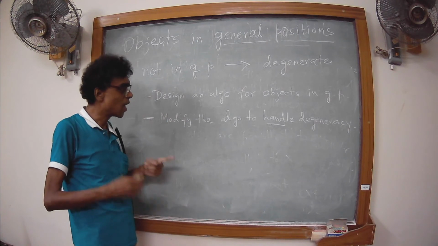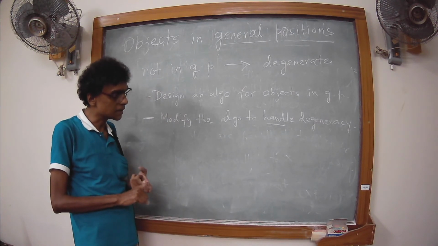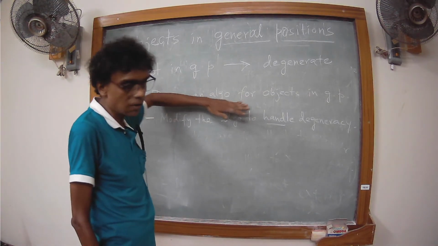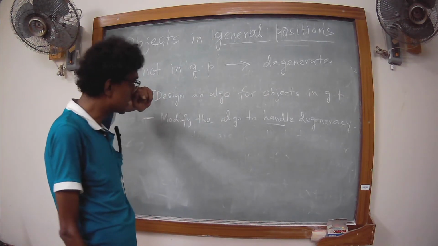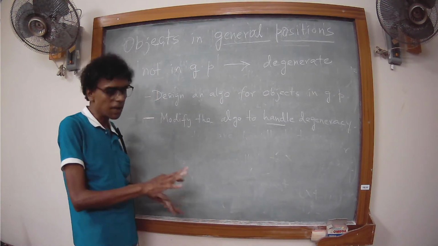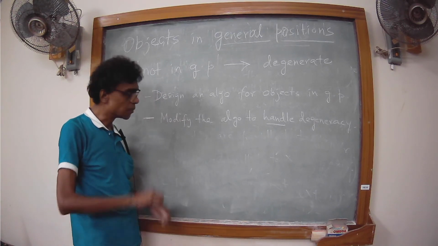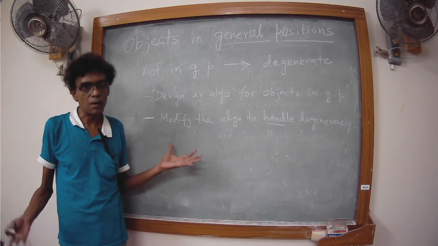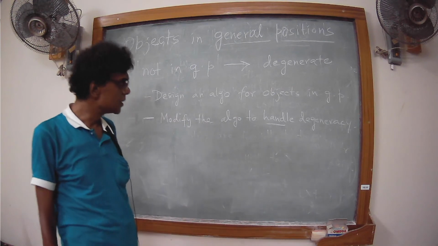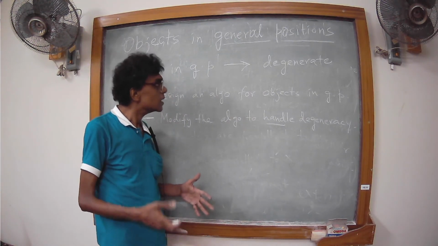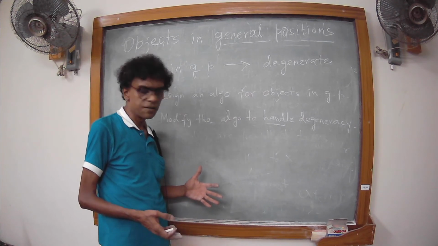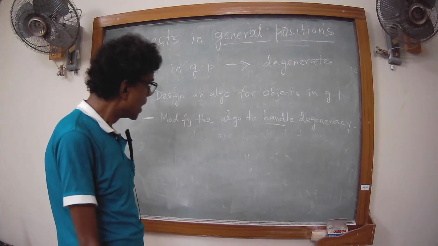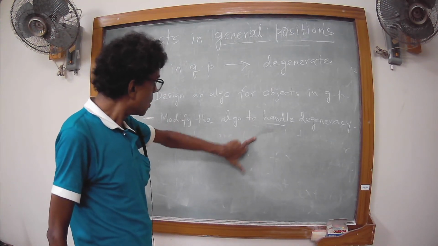And then if I want to introduce some degenerate cases which are not handled by the first algorithm, which are meant for general position, then we just make some small changes, small tunings, so that the algorithm can now handle degeneracy. One or more types of degeneracy. Maybe during the course of these lectures on computational geometry, we will see one or two examples where it is possible to have degenerate cases.